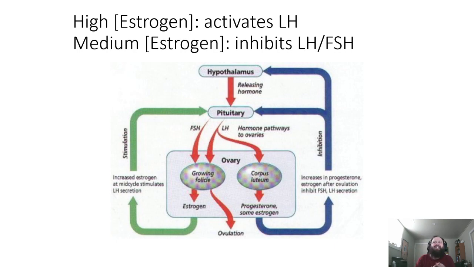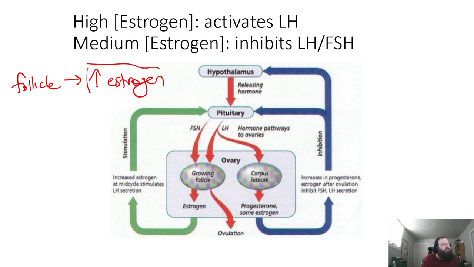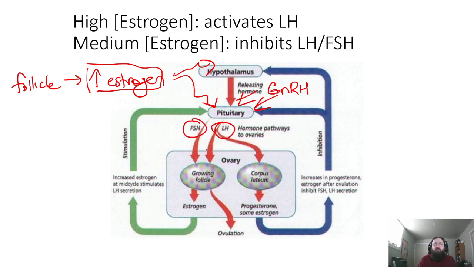Now, the real trick to understanding the female reproductive cycle is to realize 2 points about estrogen. The follicle starts producing an increasing amount of estrogen. That high level of estrogen produced by the follicle is going to go to the anterior pituitary and the hypothalamus and cause it to release more GnRH, the gonadotropin-releasing hormone, which will, as you recall from 1160, target the anterior pituitary and cause it to make more follicle-stimulating hormone and luteinizing hormone, FSH and LH.